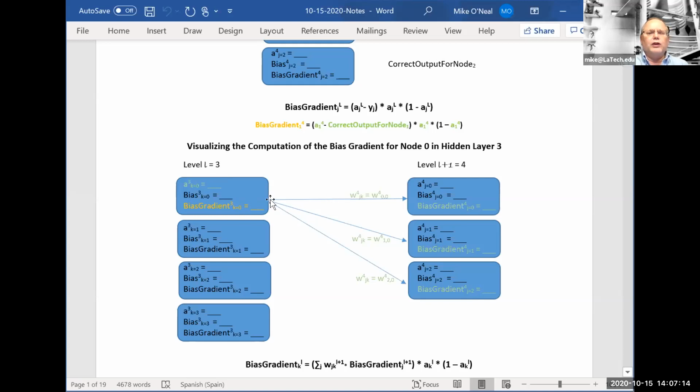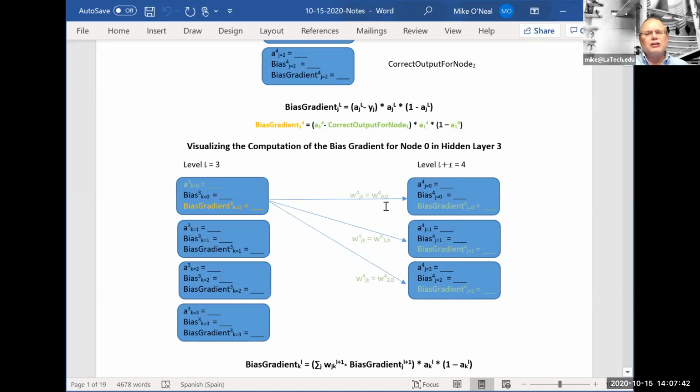We look at the weights that connect that node to all of the nodes in the next level, and we look at their errors, their bias gradients. We take the weighted sum of those bias gradients: the weight times this one, plus the weight times this one, plus the weight times this one.